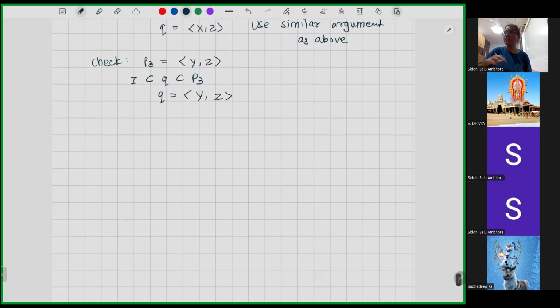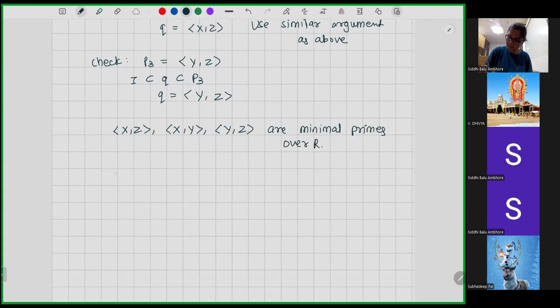And this entirely will prove that (x,z), (x,y), (y,z) are minimal primes over I.